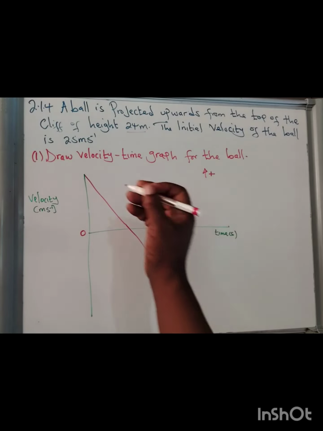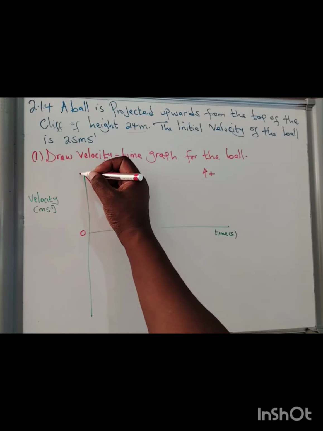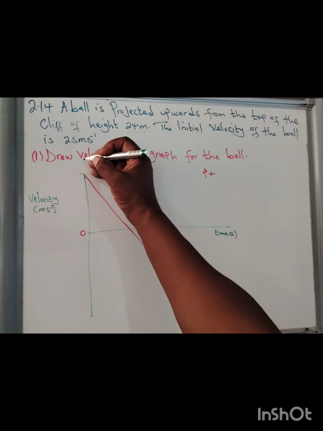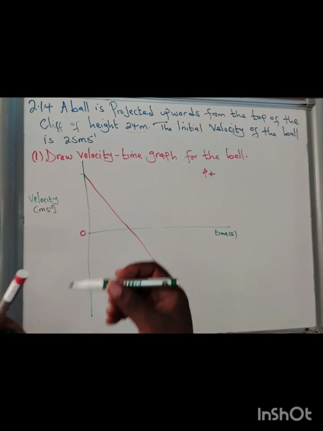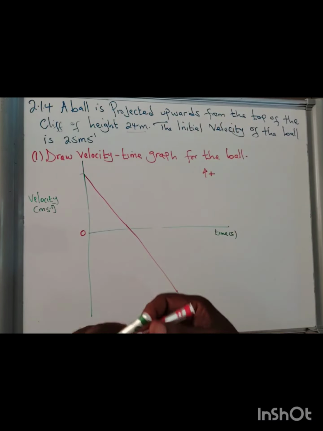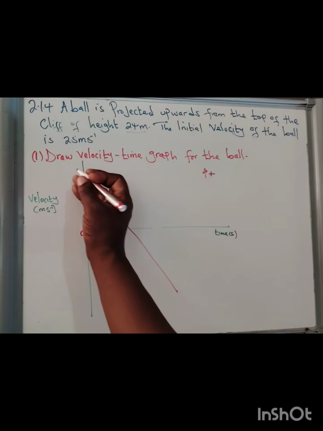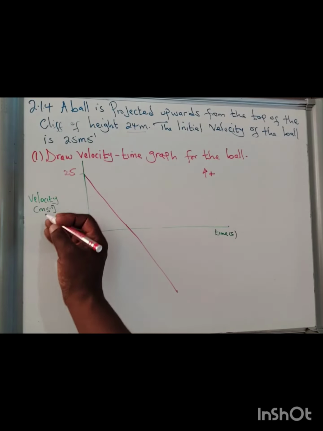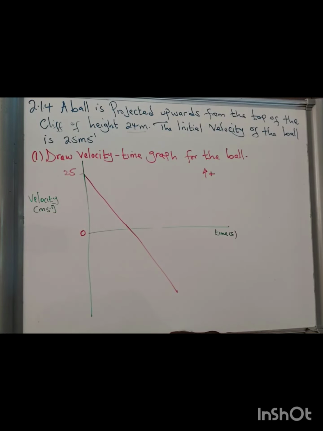So what do we have here? What we have here is the velocity at which the ball was projected. Okay? And you have to look for it from the statement. The velocity is 25. Remember, it is in meters per second.